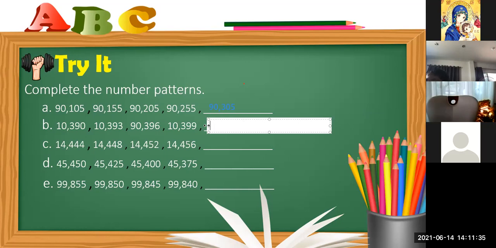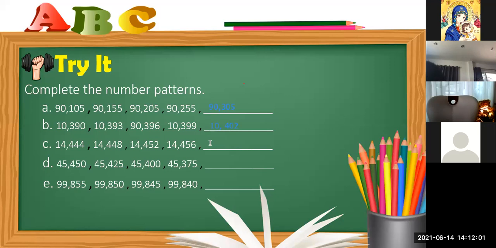So as you can see here, you will just add 3. So the answer here is 90,399 plus 3, which is 90,402.